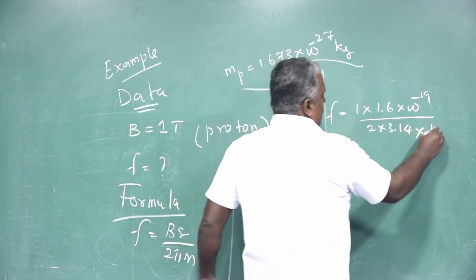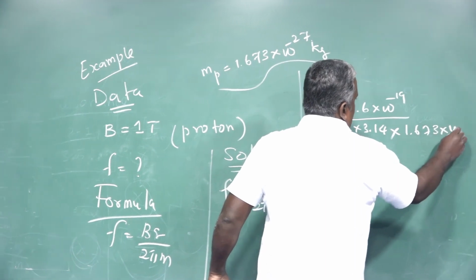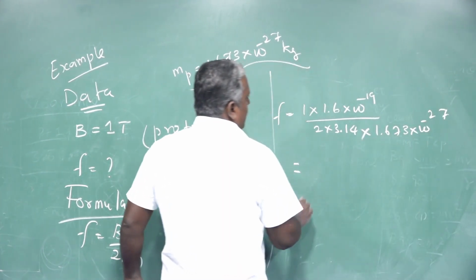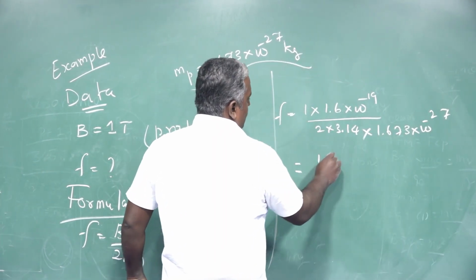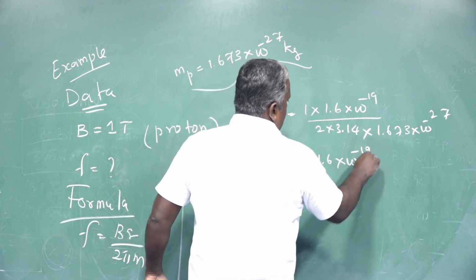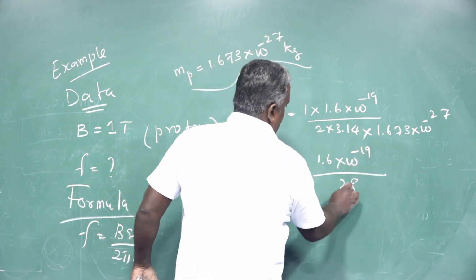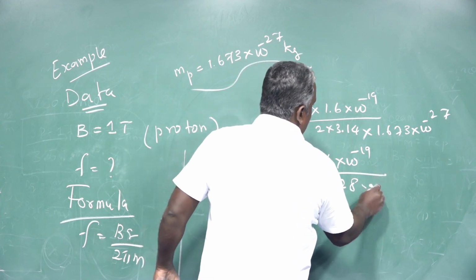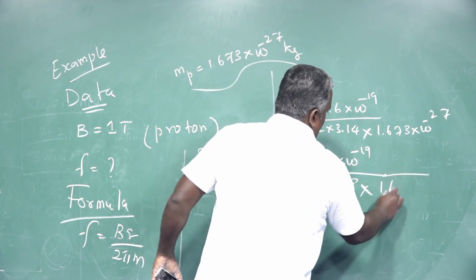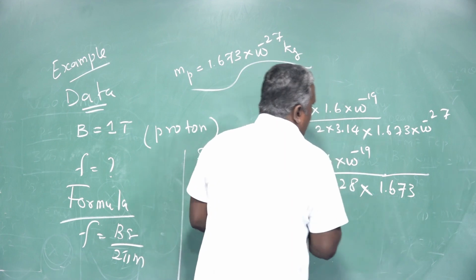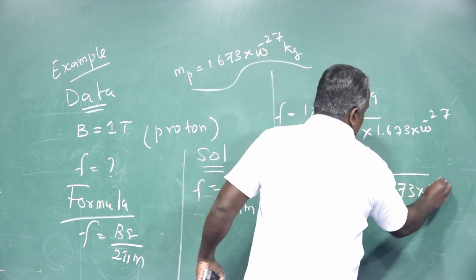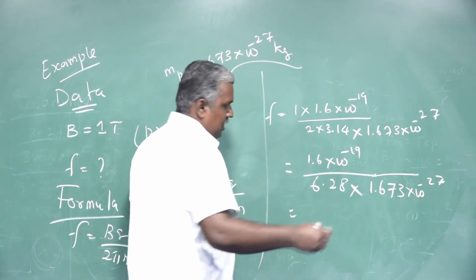Simplify: 1.6 into 10 power minus 19 by 6.28 into 1.673 into 10 power minus 27. Yeah, try yourself quick.